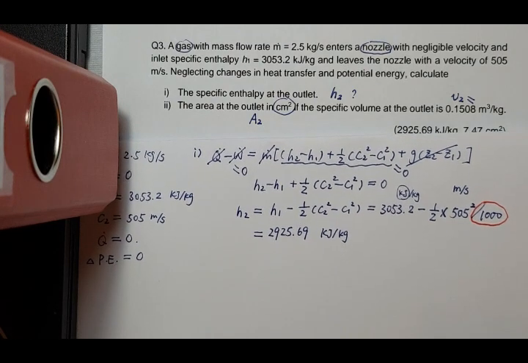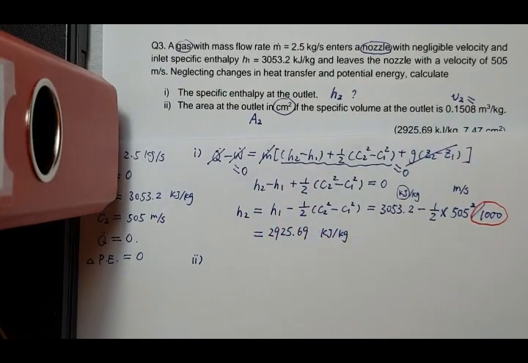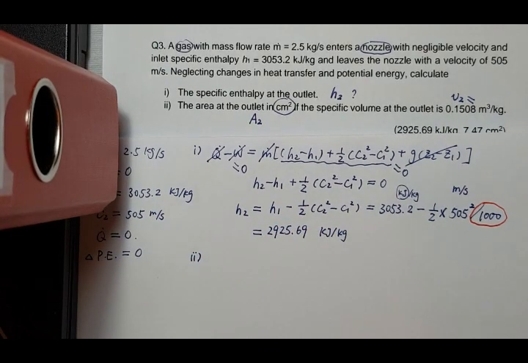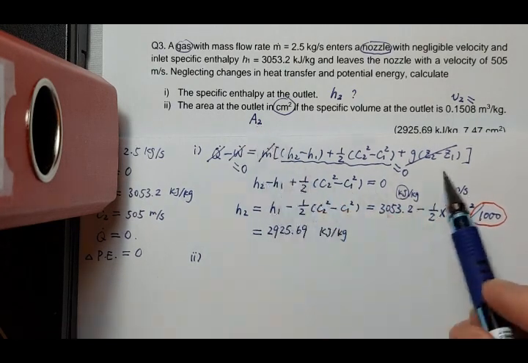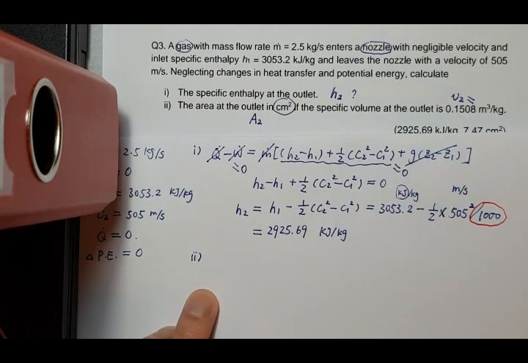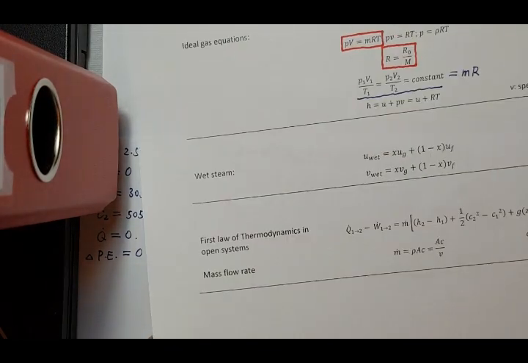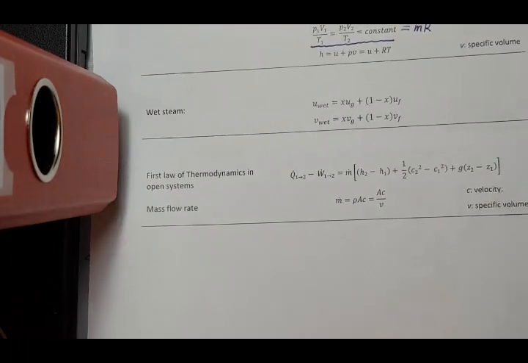Right, now we're going to calculate the second. So the second question is again about the outlet area, if we know the specific volume at C2. So again, we're going to use the formula sheet here. Okay, this is the formula sheet. The last equation actually.